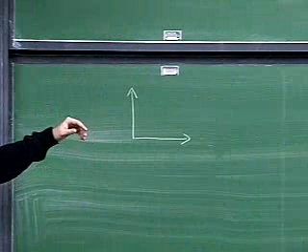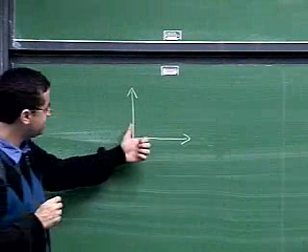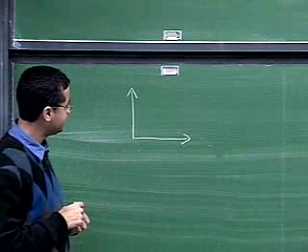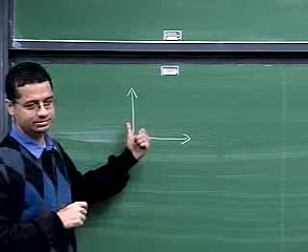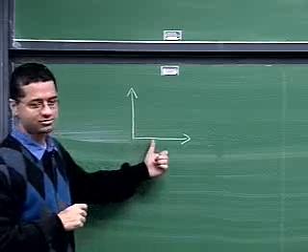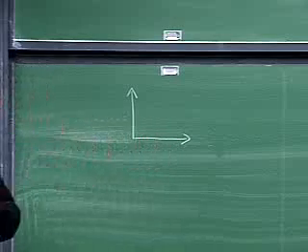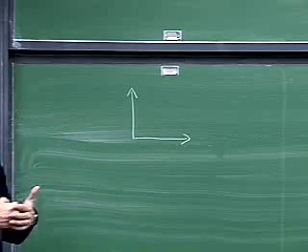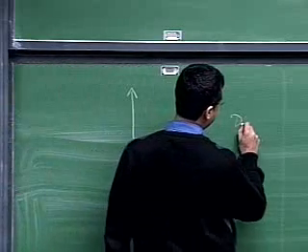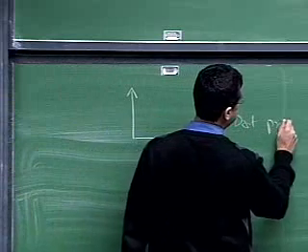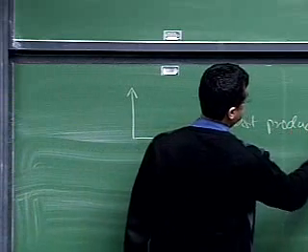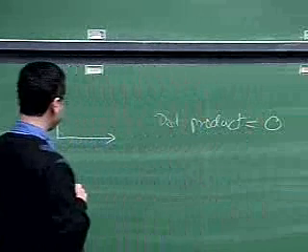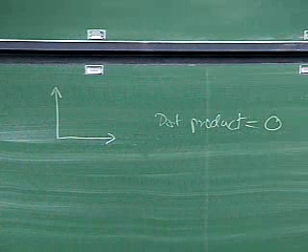Now if you take a scalar dot product of these two vectors, what do you get? 0. Now what happens when you add these two vectors together?